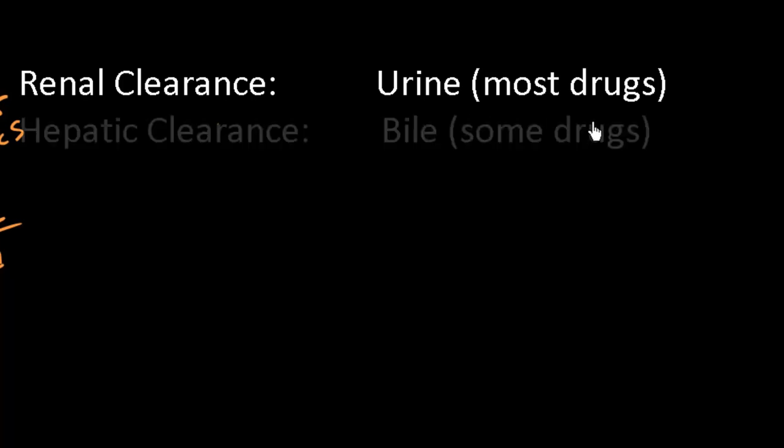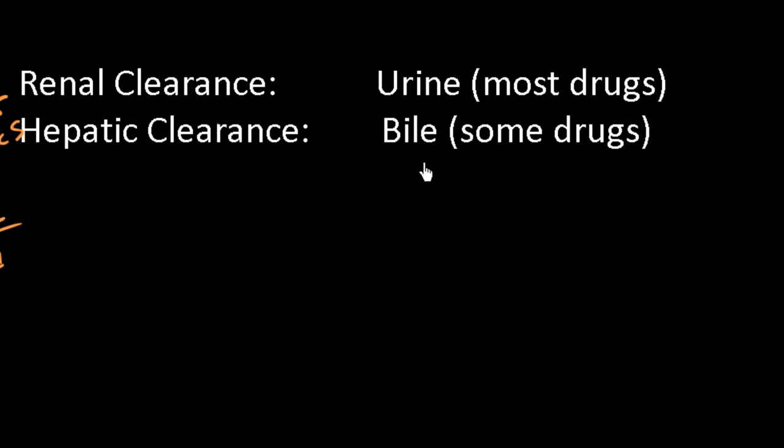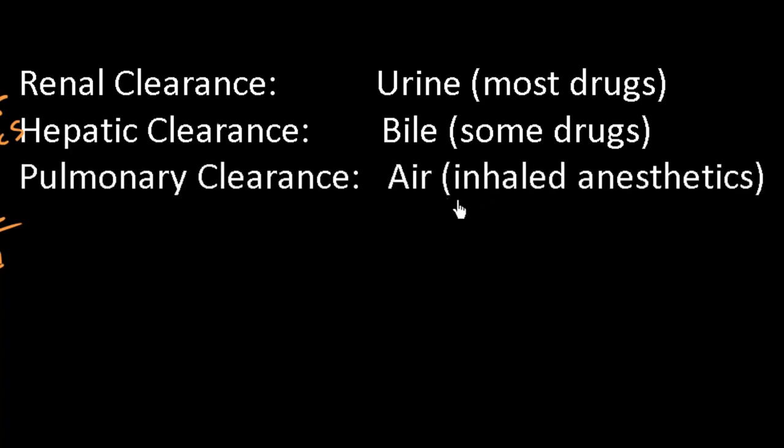At the liver, we are excreting drugs into the bile, which then goes into the feces, and we defecate that out. And at the level of the lungs, we have our pulmonary clearance. And the pulmonary clearance is important for inhaled anesthetics. These are volatile substances that we breathe in, they get access to our brain, and then once we remove the gas, we can breathe out the drugs.